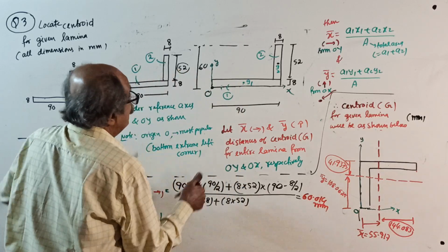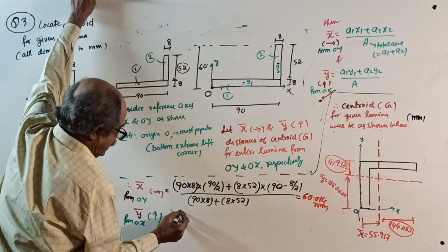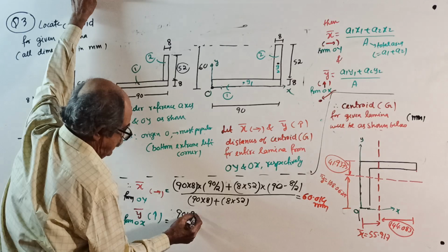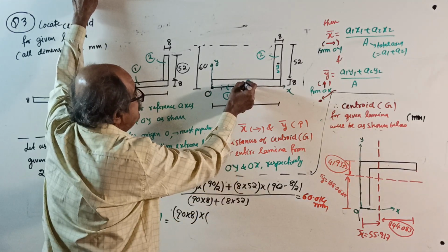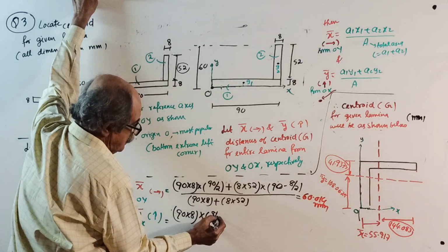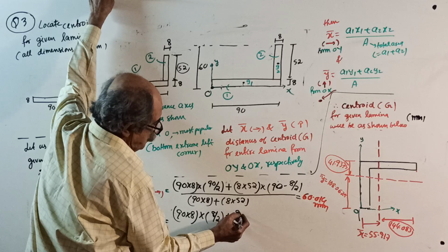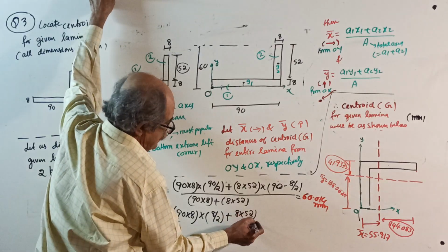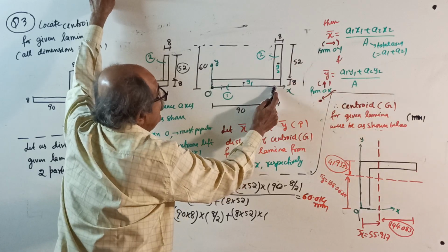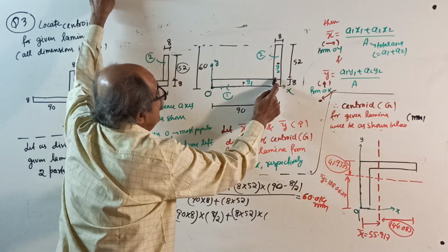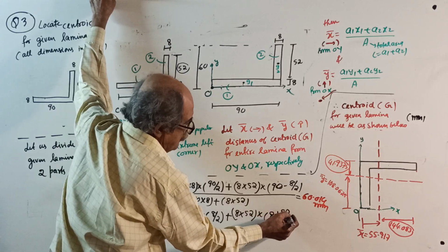And y bar will come from here. First one, 90 by 8 is the area, into its centroid is here. This distance is 8 by 2, midpoint, plus the second area 8 into 52, into its centroid from the bottom edge, which is 8 plus another 52 by 2.